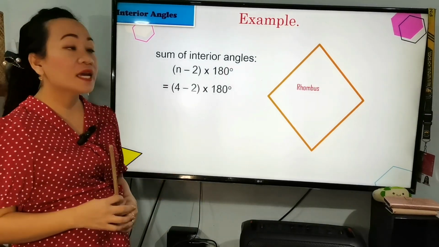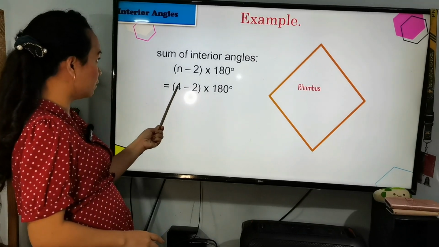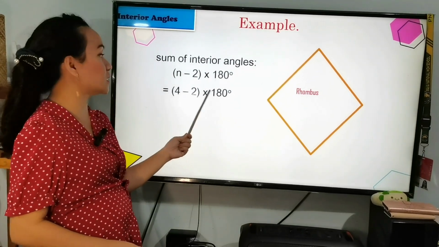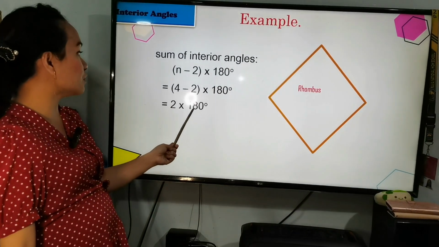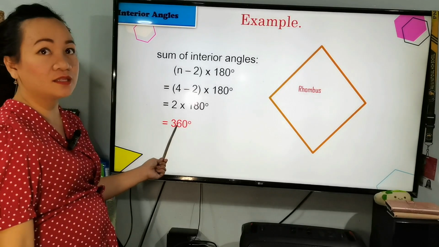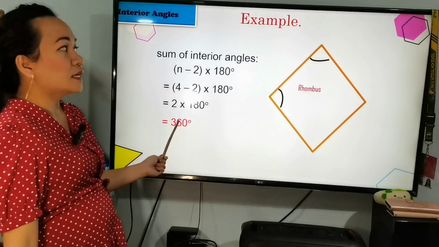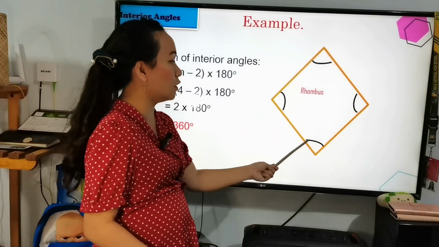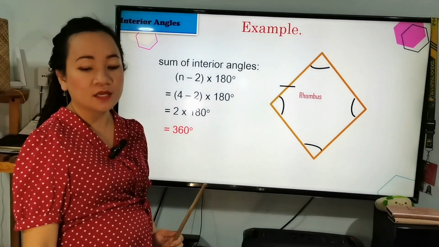Since the number of sides of our rhombus is 4, just substitute 4 for n. 4 minus 2 times 180 degrees. 4 minus 2 is 2. So 2 times 180 degrees is 360 degrees. So, the sum of the measures of all angles of our rhombus is equal to 360 degrees.